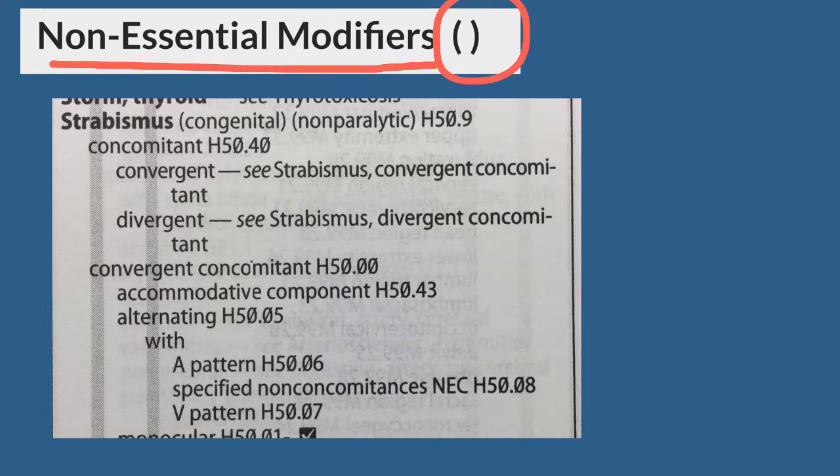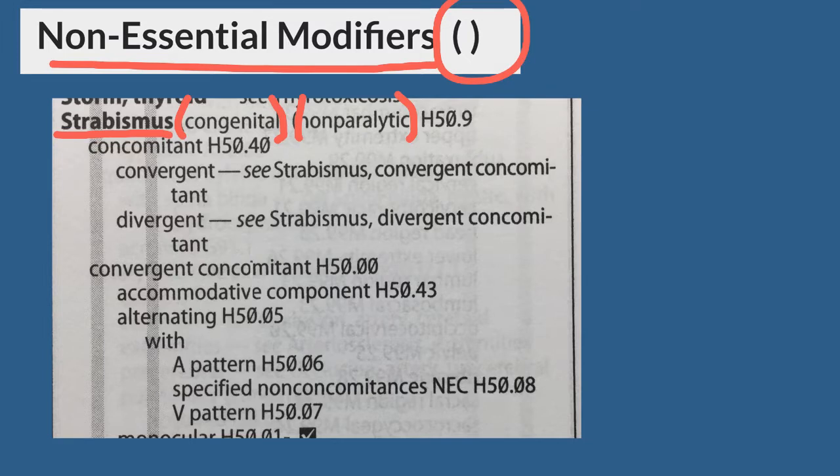So let's take a look at the main term strabismus in the alphabetic index of your CM coding book. Remember from your medical terminology course that strabismus means cross-eyed or a wandering eye diagnosis. After the main term listing of strabismus, we find two non-essential modifiers, congenital and non-paralytic. This means that these descriptive terms are not essential to the strabismus diagnosis.